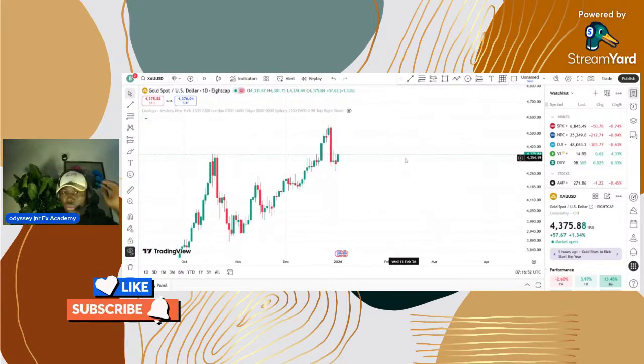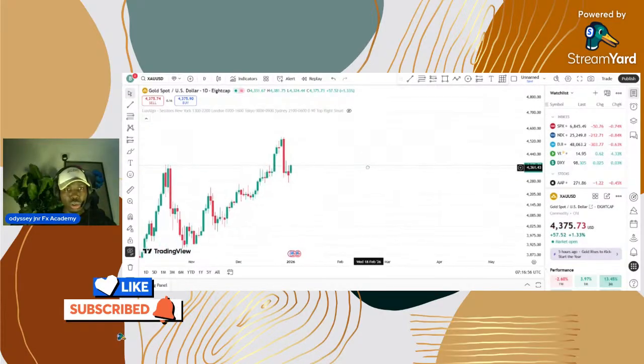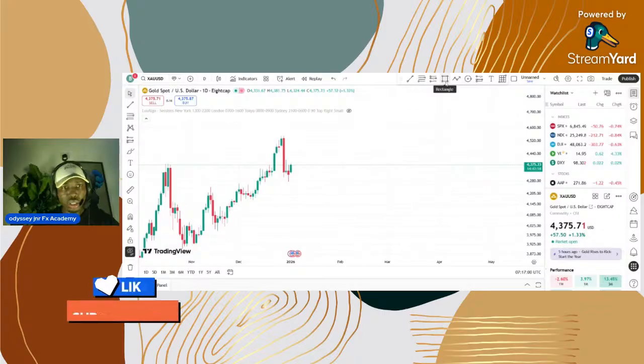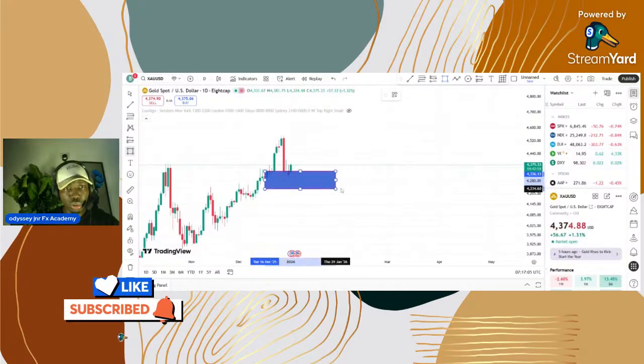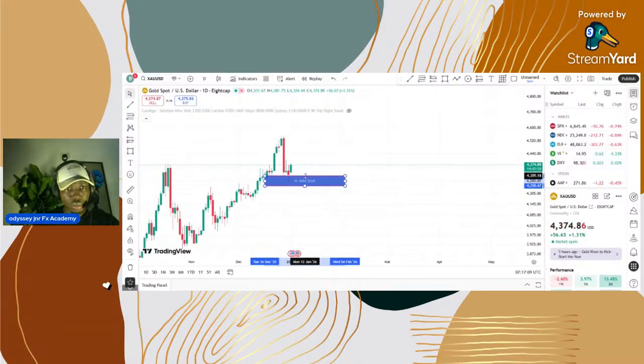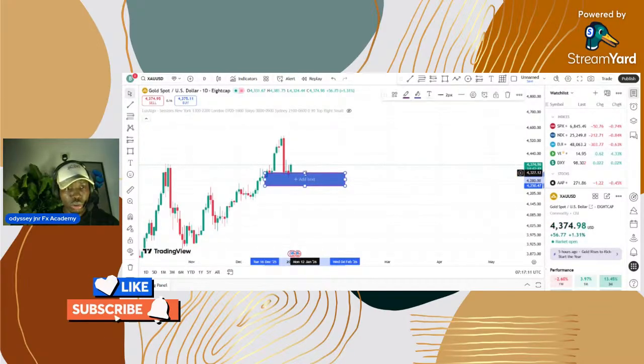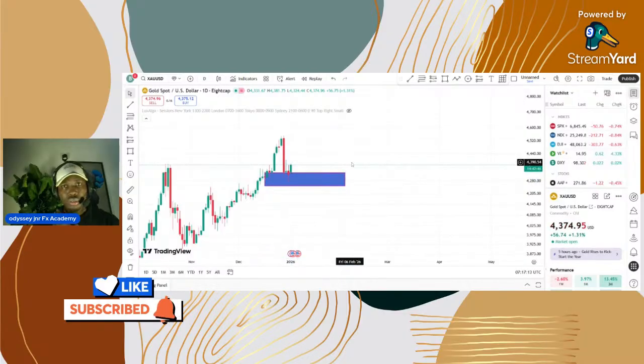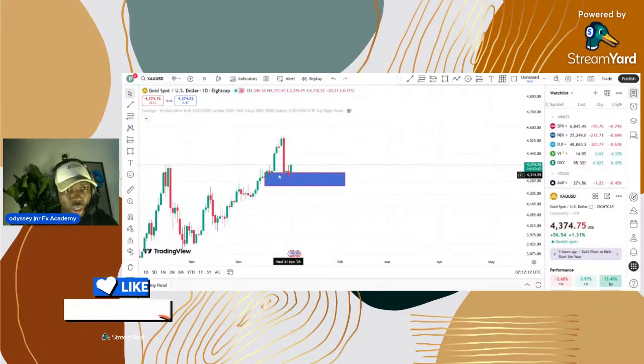Okay. So if you look at gold now, you can see gold is actually bullish, and it's reacting to this order block. Although there is no FVG there.